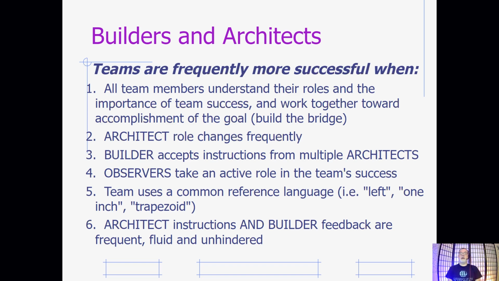Here's what we found. And by the way, the absolute trick to this is that the observers felt empowered to tap out the architect, sometimes after they had sat in the chair for 10 seconds.